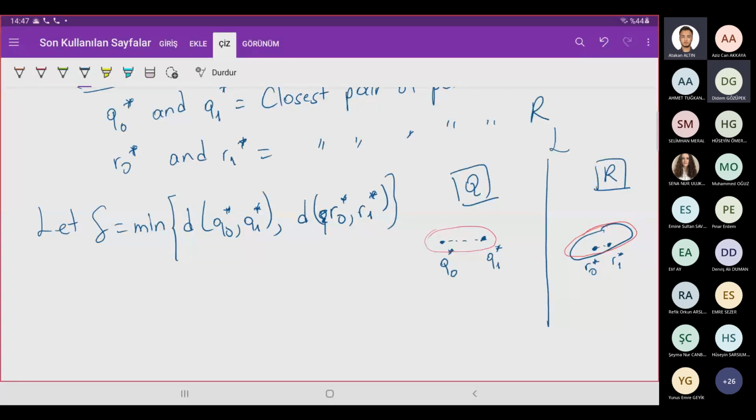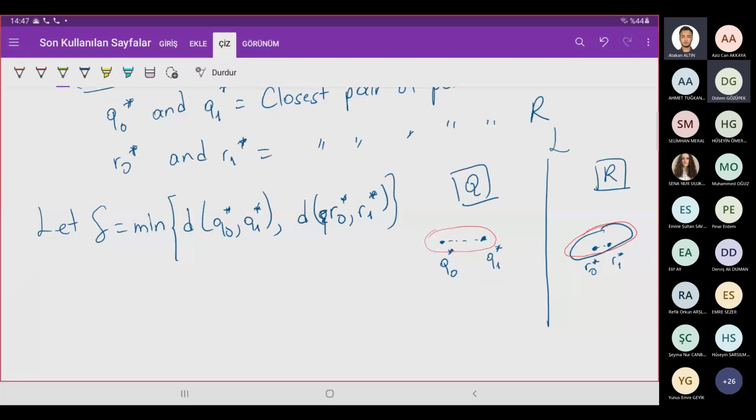And actually, the question here is, are there points such that one of them is on the left and the other is on the right, and the distance between them is less than delta, okay? For the points for which we already know for sure that the distance between them is at least delta, they are of no interest to us because it's impossible for them to be the minimum of these three minimums, okay?